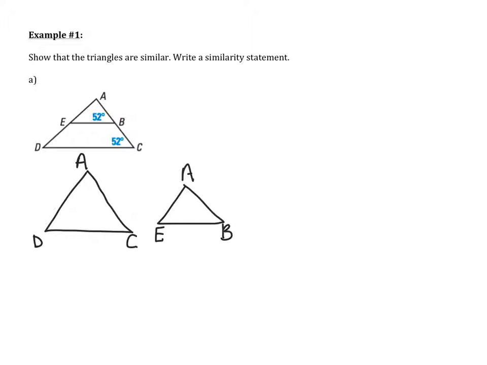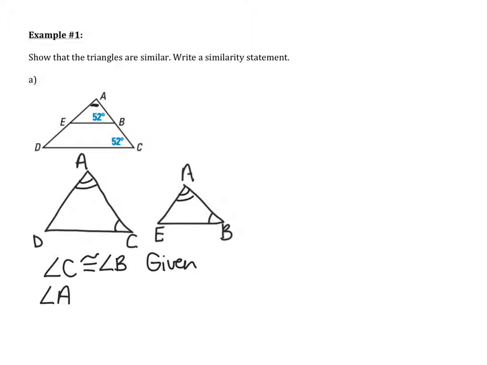So we know that this angle is congruent to this angle because we were told that they were both 52 degrees. And then angle A would be congruent to itself since they share that angle right up here. So we only need two pairs of congruent angles in order to prove that they're similar. So we'd first say that angle C is congruent to angle B because we were given that they were both 52 degrees.